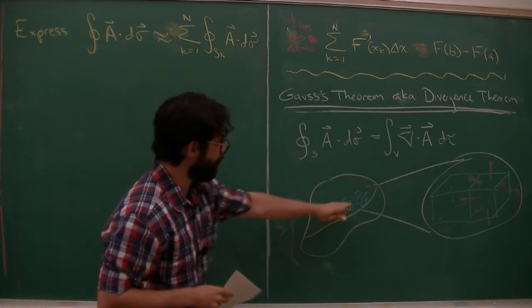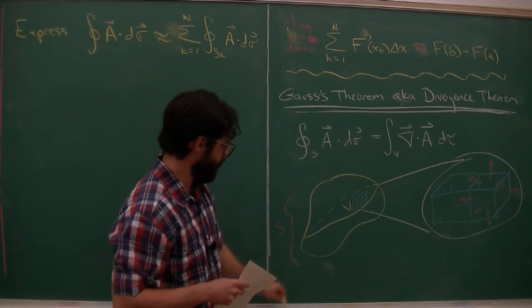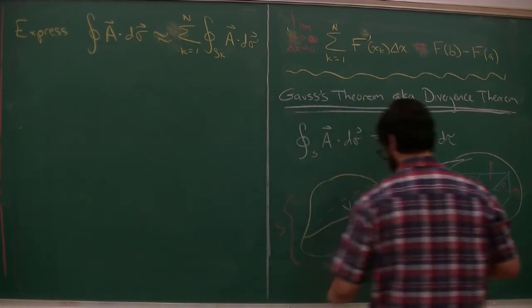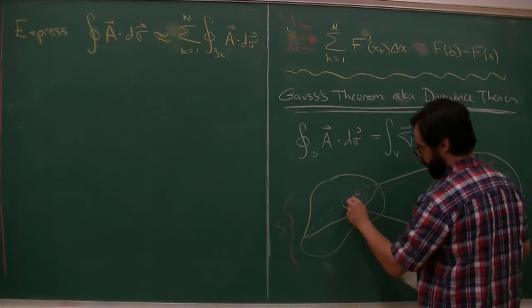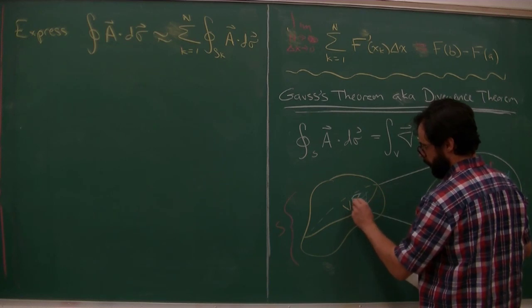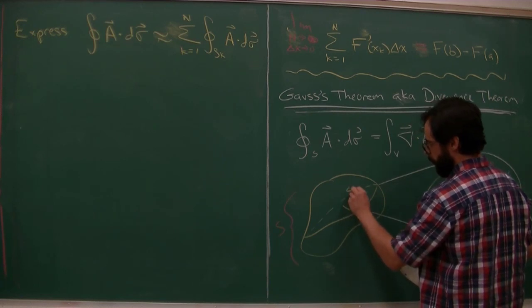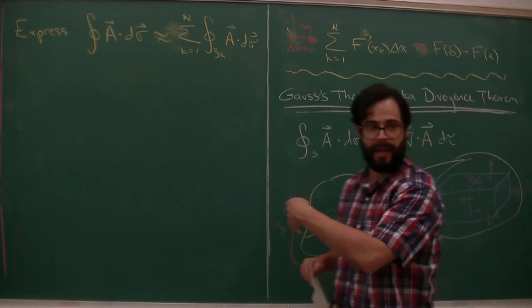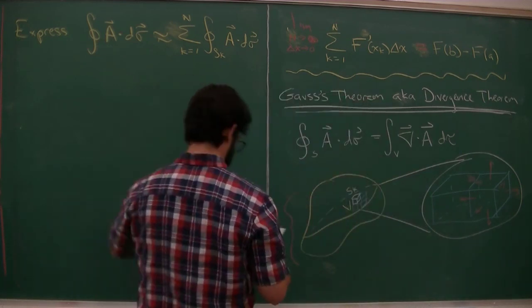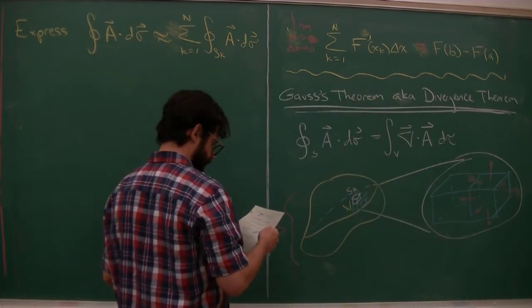So I'm going to chop this up into some number of internal surfaces. So imagine that SK might be one of these. So that might be SK, and I'm cutting this up into n individual pieces. So in fact, that would be an equal sign, but we'll just leave it for there.